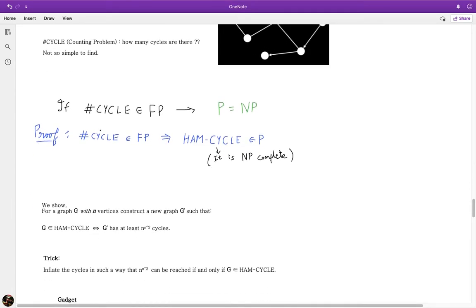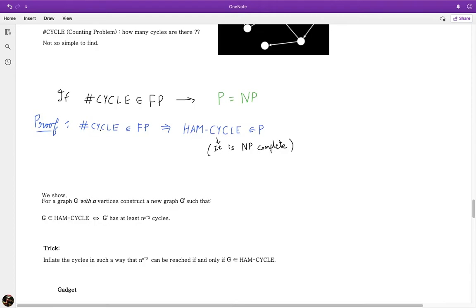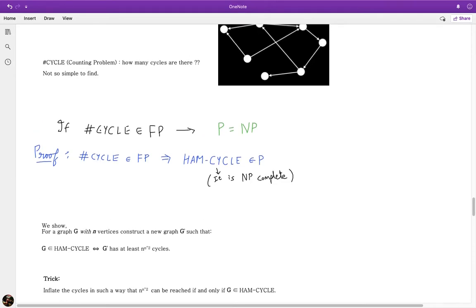Now one of the implications which is interesting here is, if we consider HashCycle is part of FP, meaning it's a polynomial time function problem, then this implies that P is equal to NP.